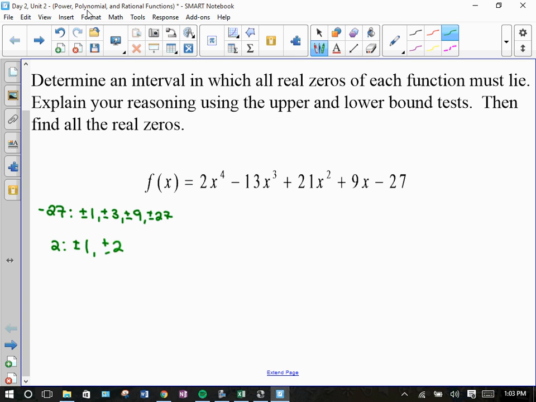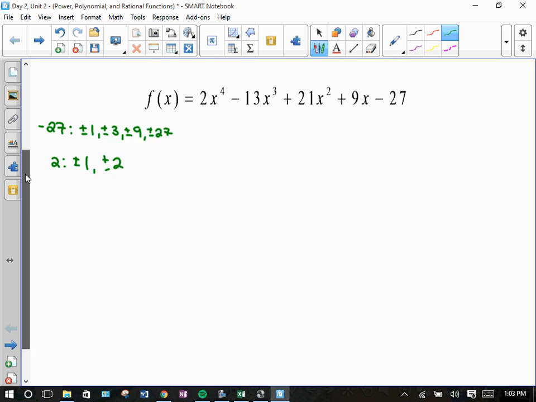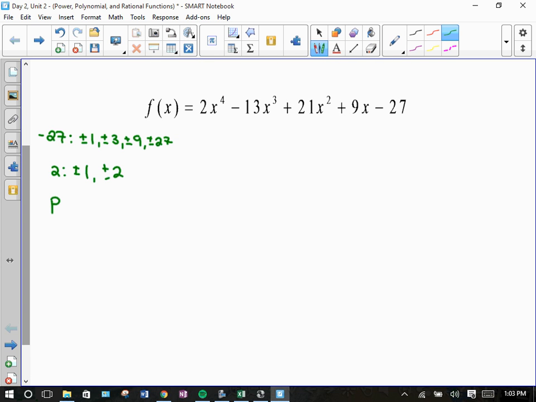We're going to divide these ones, the factors of the constant by the factors of the leading coefficient, and that's going to give us P divided by Q. That's equal to 1.